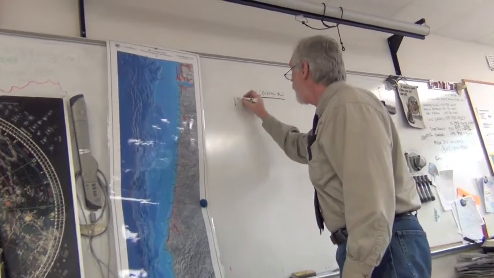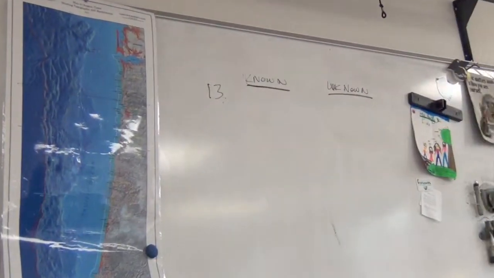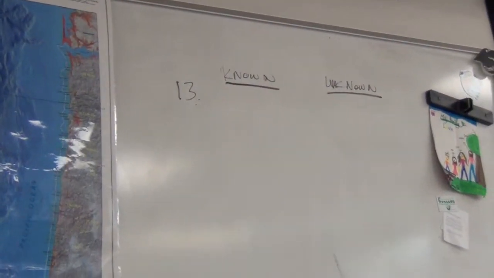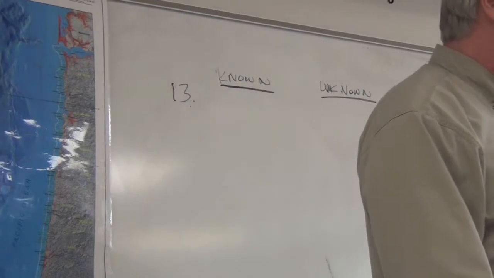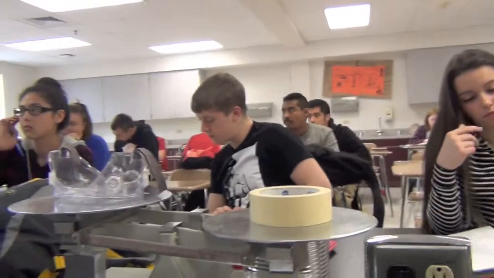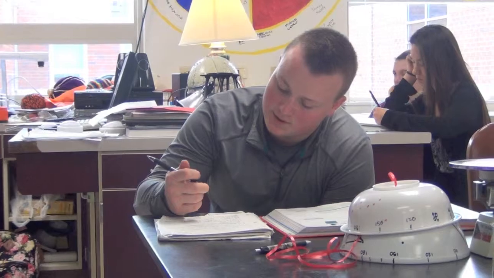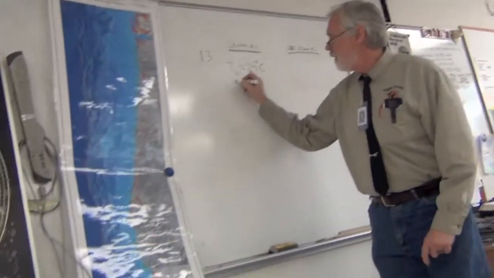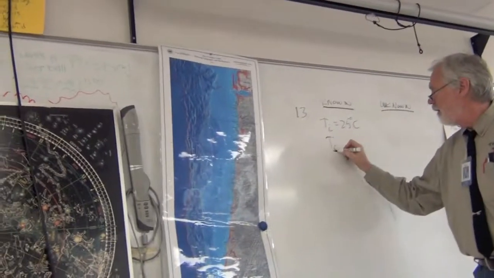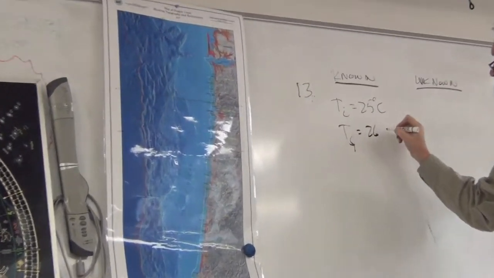With fourth period. So, you tell me, what are our knowns? T initial equals 25 degrees Celsius. T final equals 26.4 degrees Celsius.